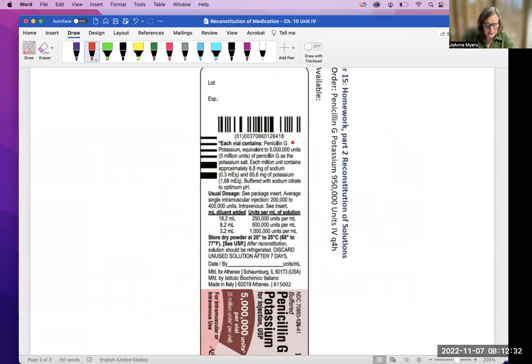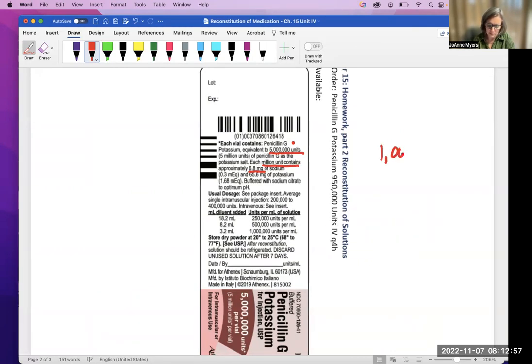Each vial contains penicillin G potassium, equivalent to 5 million units. So there are 5 million units of medication in this vial in powdered form. Each million units contains approximately 6.8 milligrams.